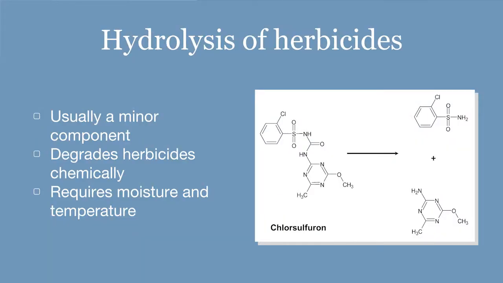Now, mostly hydrolysis tends to be a minor component, but it can actually become a quite important component under certain circumstances. And chlorsulfuron is a good example of this because in acid soils, the amount of hydrolysis of chlorsulfuron increases dramatically and it becomes a substantial component of the breakdown.